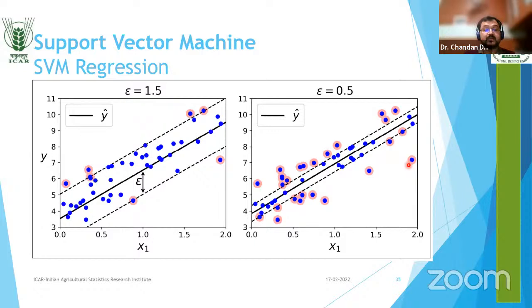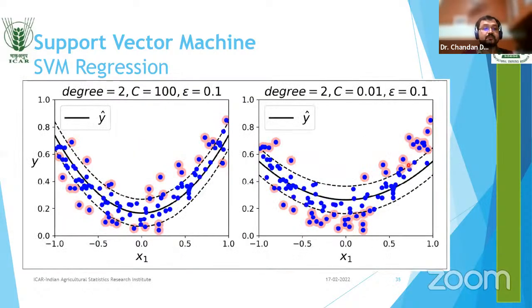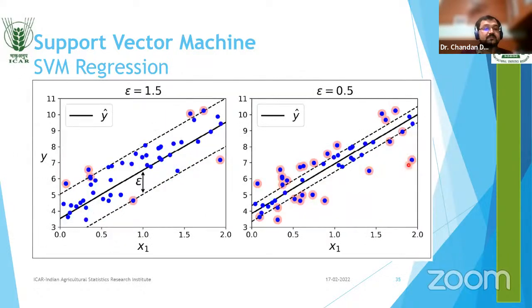In regression the concept is a little reversed, because in classification we are trying to separate the two classes as widely as possible, but in regression we are trying to put the objects on the road. For linear cases, we can use this epsilon hyperparameter only.